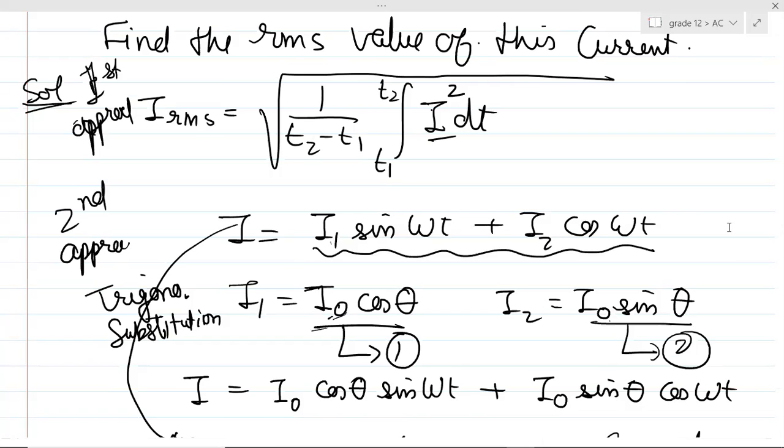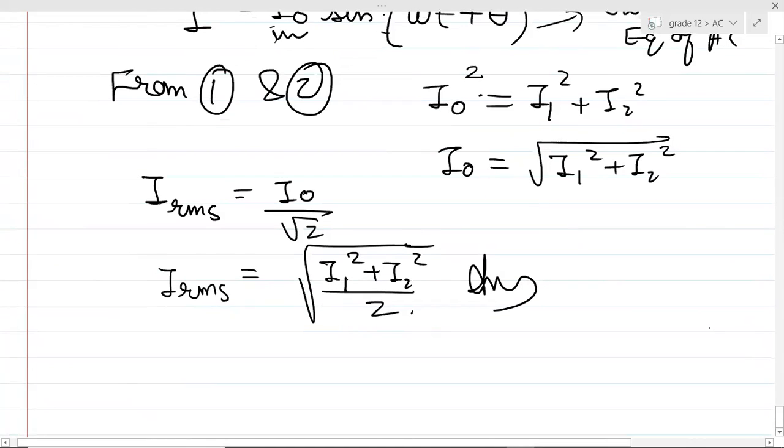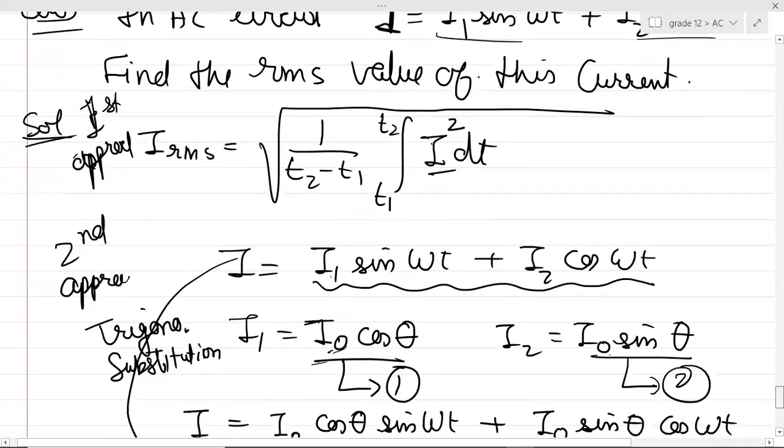Okay. Is this clear, guys? Sir, is there any reason behind why we took I1 as I0? It is basically a problem specific substitution. In maths, you will find these types of problems in the form of a sine theta plus b cos theta.